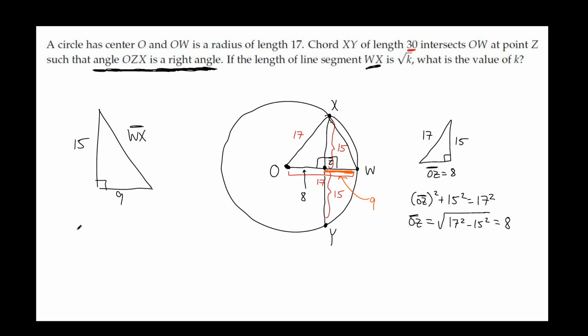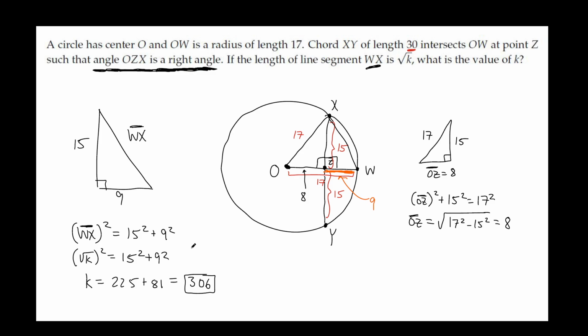Putting this all together, the length of WX squared is going to be equal to 15 squared plus 9 squared. Okay, well, they told me that the length of this is square root of k, so k is equal to 15 squared plus 9 squared, and putting that all together, k is equal to 225 plus 81, which is equal to our final answer of 306.